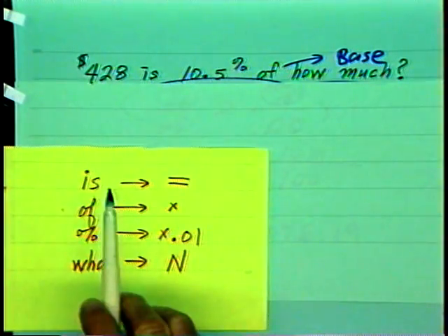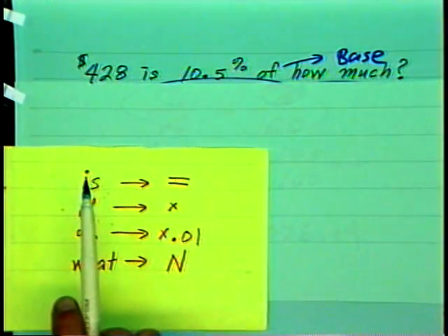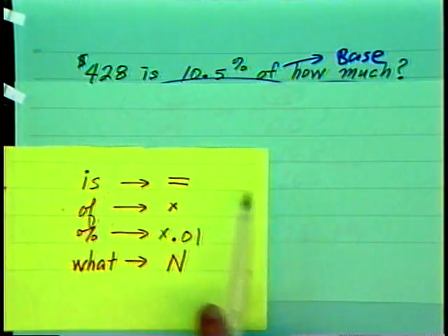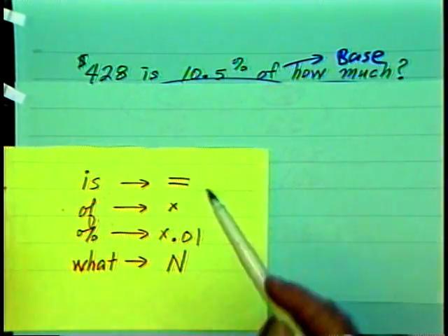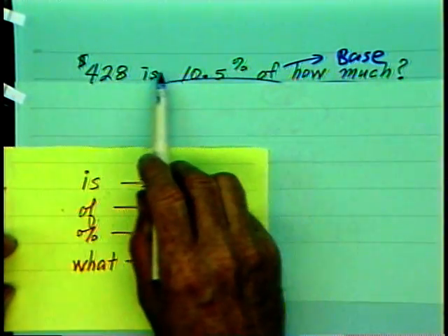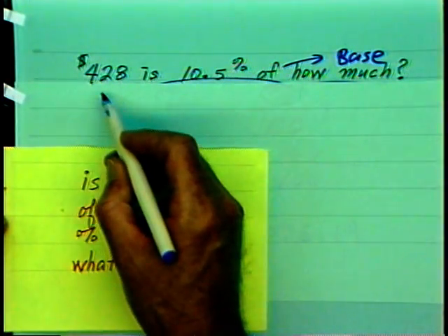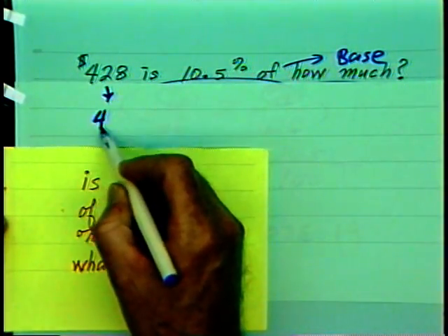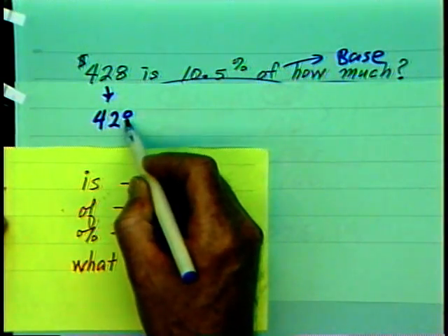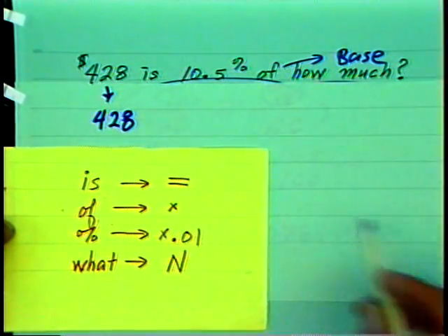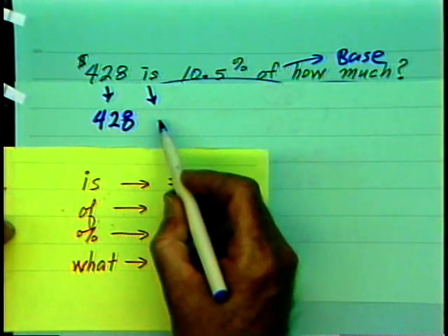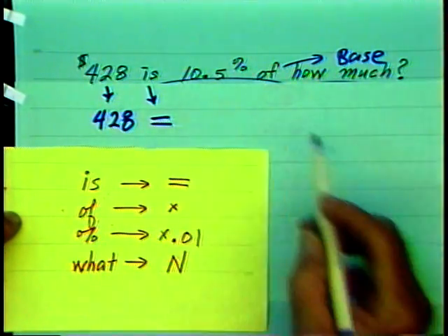But you might be one of those individuals that's more inclined to the dictionary or translation method. If that were the case, you'd simply go down the sentence and start translating word by word. So 428, rather, is math. The is translates to equal.